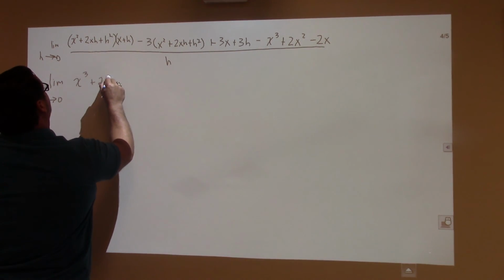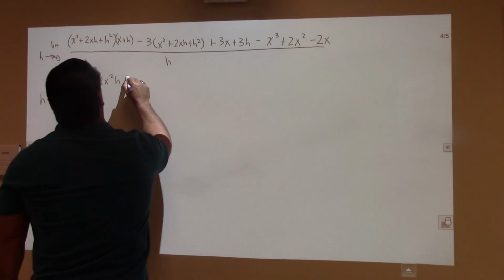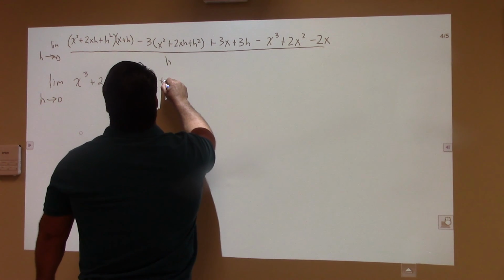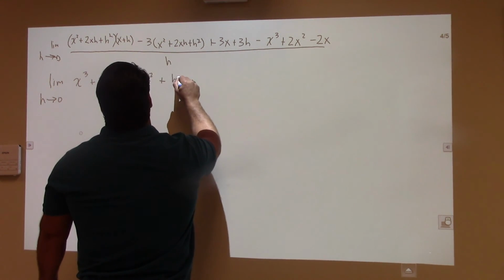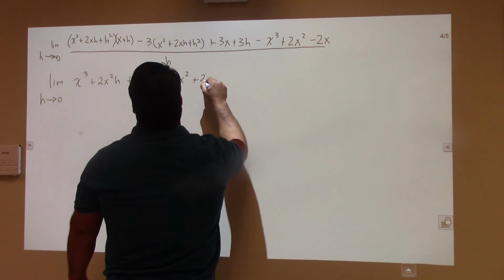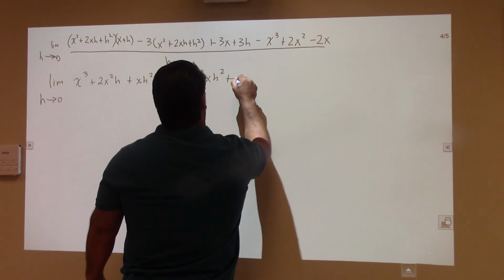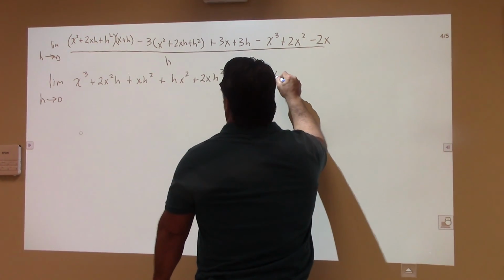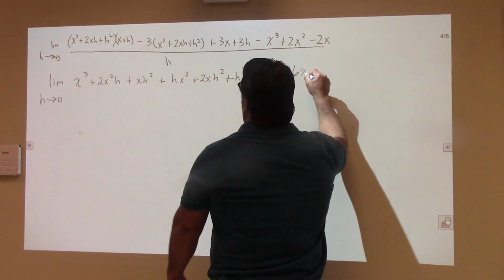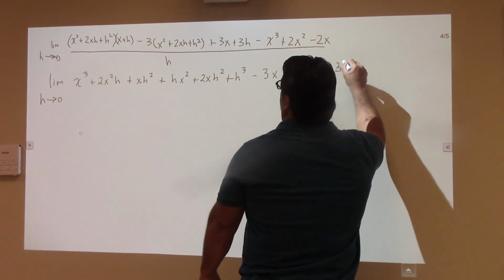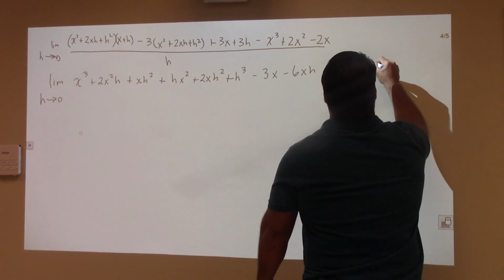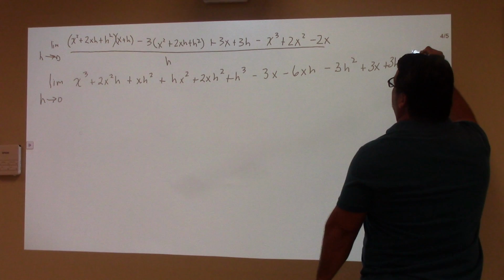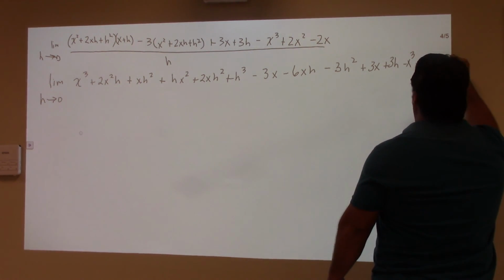Plus 2x squared h plus xh squared plus h x squared plus 2xh squared plus h cubed minus 3x minus 6xh minus 3h squared plus 3x plus 3h minus x cubed plus 2x squared minus 2x.